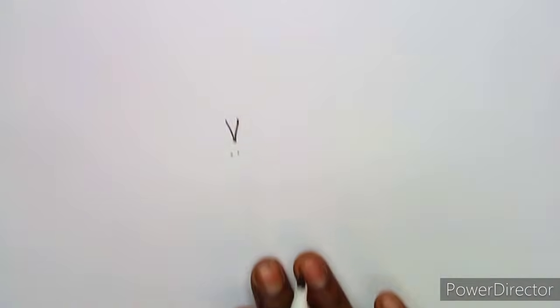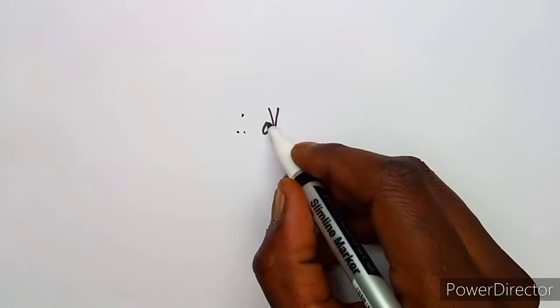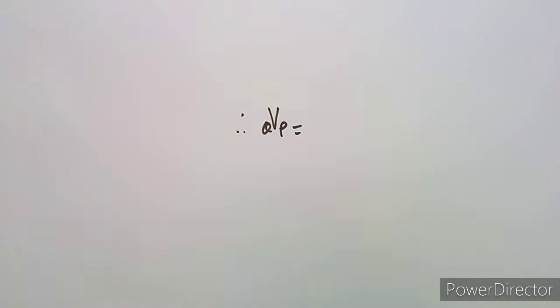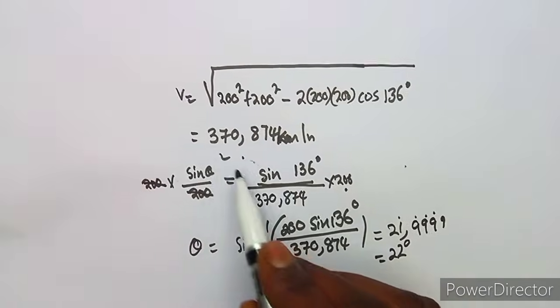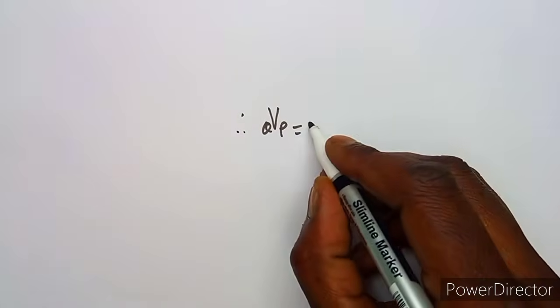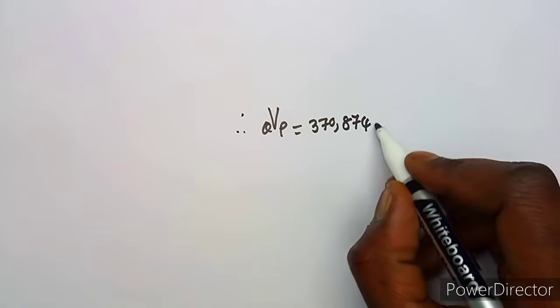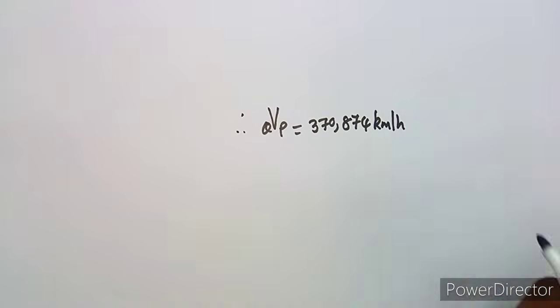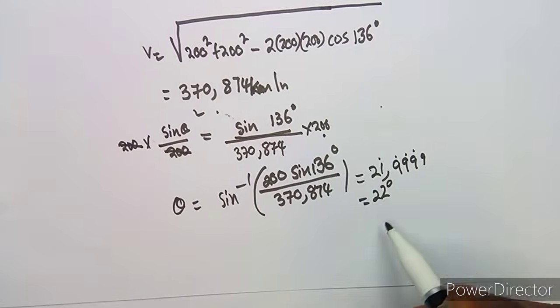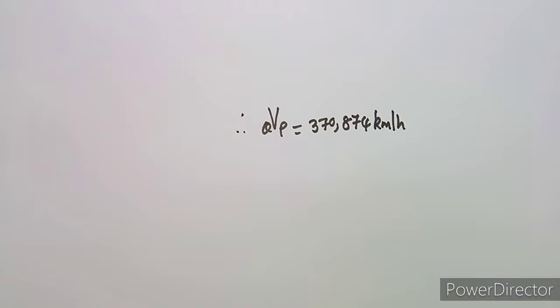So therefore, QP is going to be, remember we calculated this velocity and we obtained 370.874 kilometers per hour at this angle, but we said it's going to be taken as north.